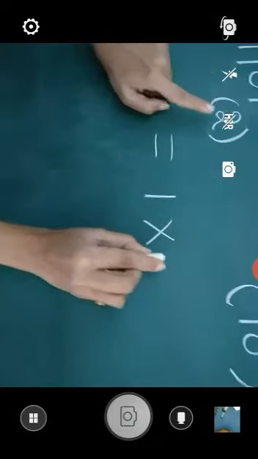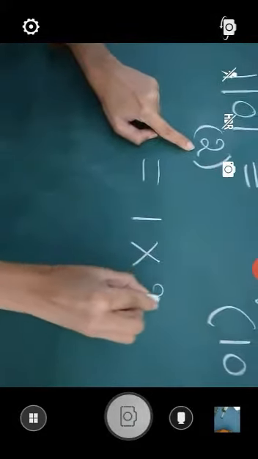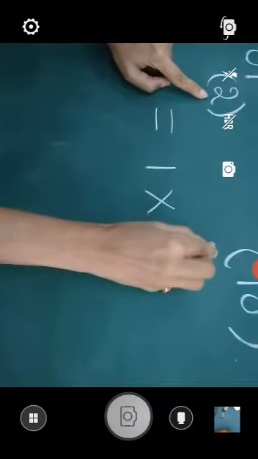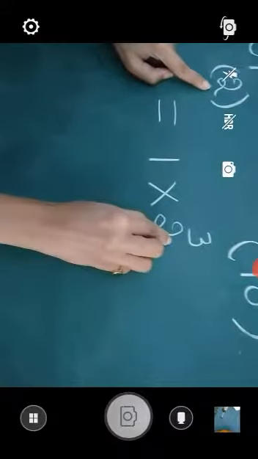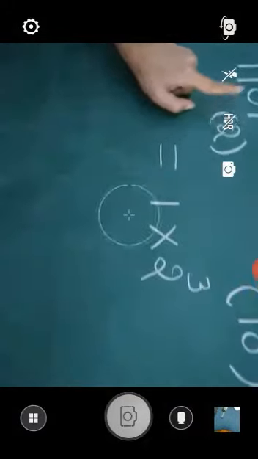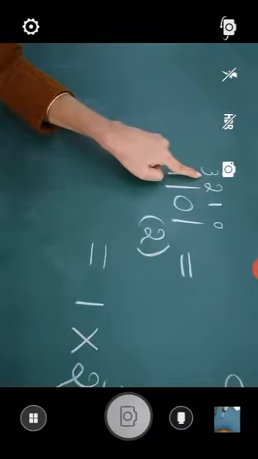So let us take the first digit, which is 1. Base value is 2, raised to the power of its positional value, which is 3. So 2 to the power 3. Now take the second digit, which is 1.